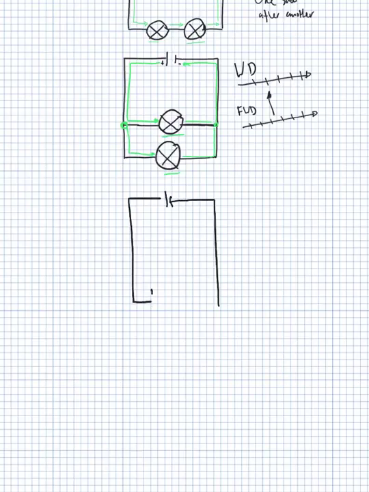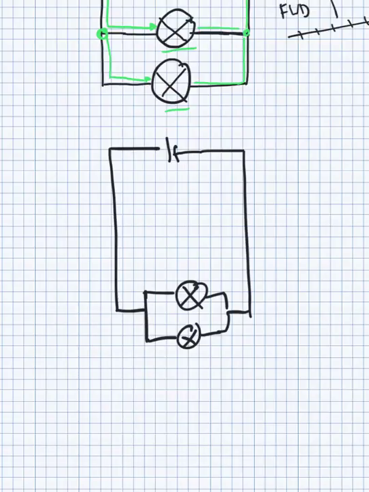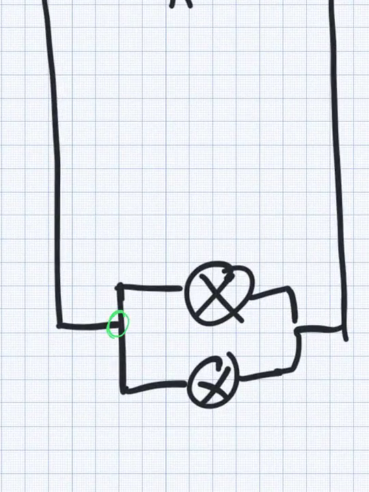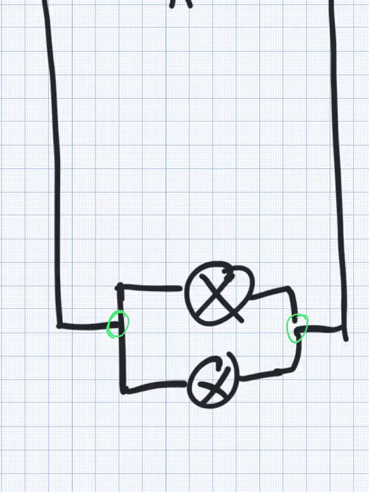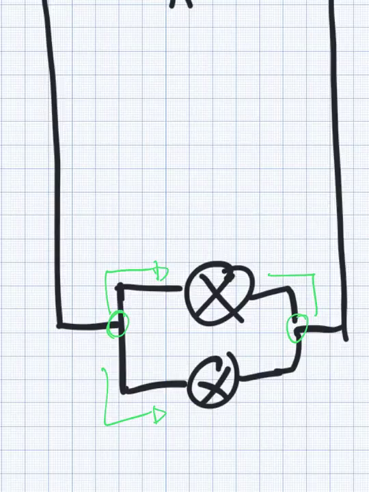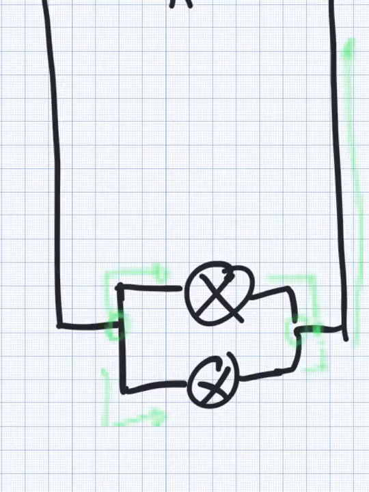You might see parallel circuits represented in this way, where at this point the currents branch off, flow through the bulbs, come back, reach here and go on their way back.